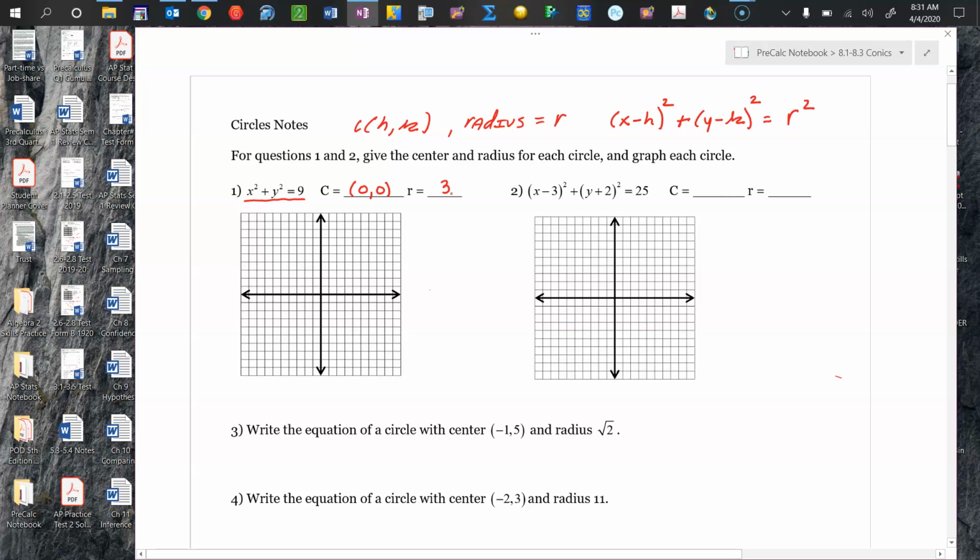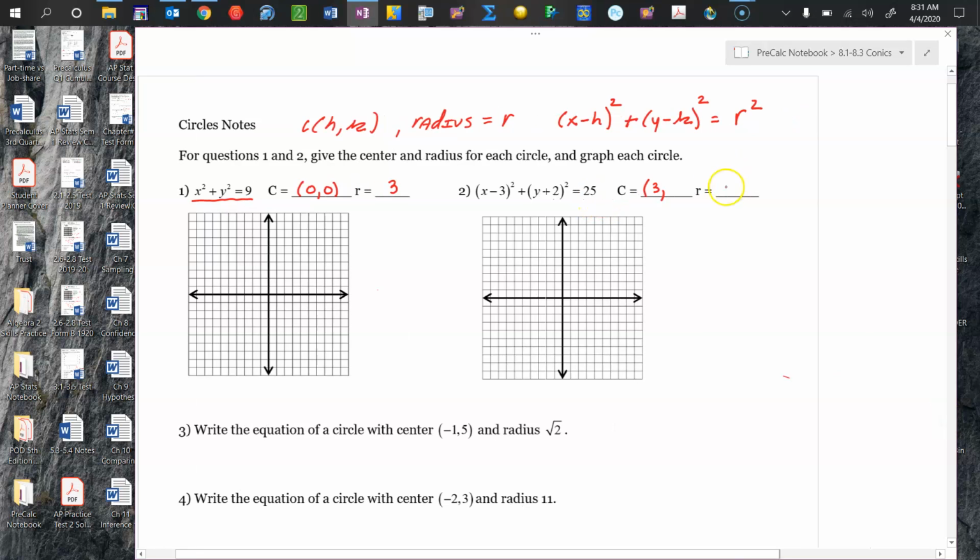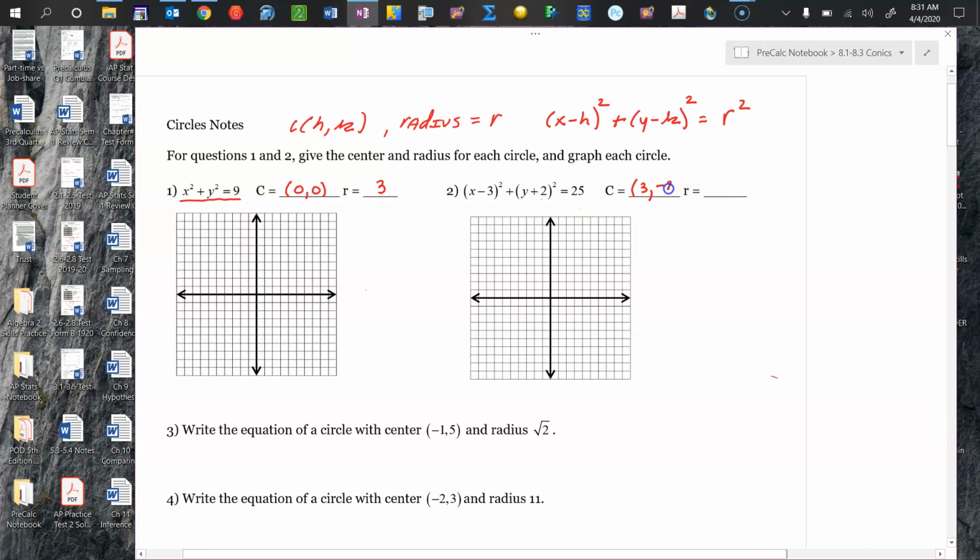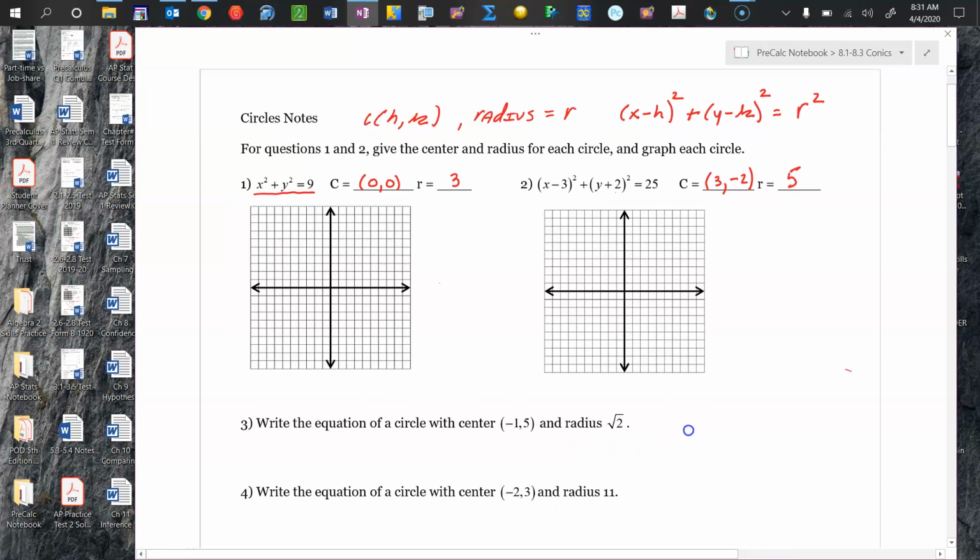In example number 2, we can see that the x variable is subtracting 3, so we have an x coordinate of 3 for the center, and the y variable, you can think of it as subtracting -2, so we have a y coordinate of -2 for the center of that circle, and the radius is equal to 5 because 5 squared is 25.